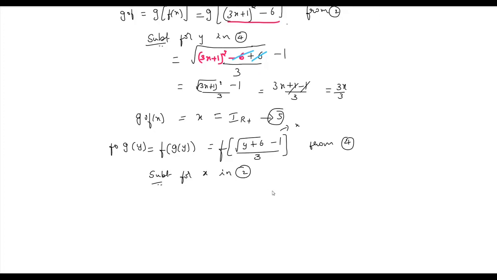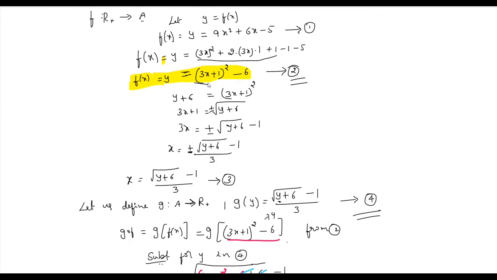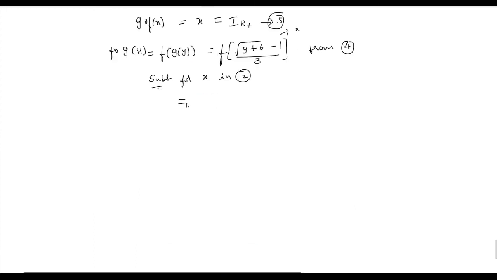Why equation 2? Substituting in equation 2 instead of equation 1 because we have made a perfect square here. Simplification will be easier. So this whole x part we will write in place of x, which is (root of y plus 6 minus 1, whole divided by 3) plus 1, this whole square.